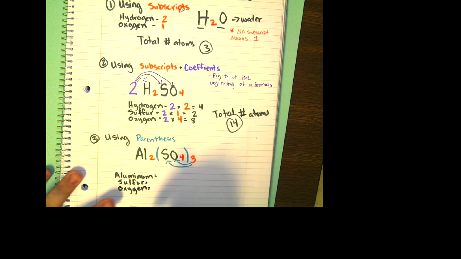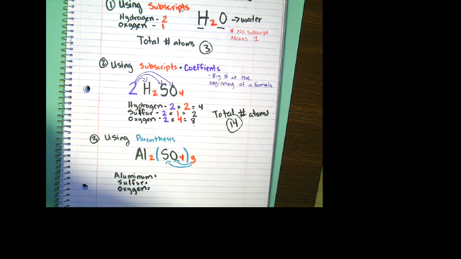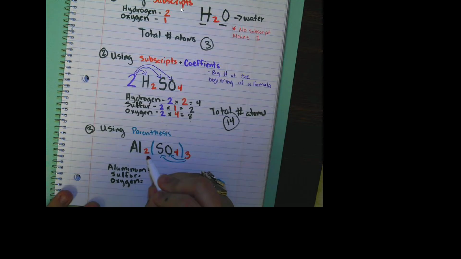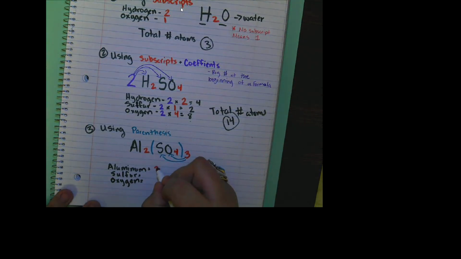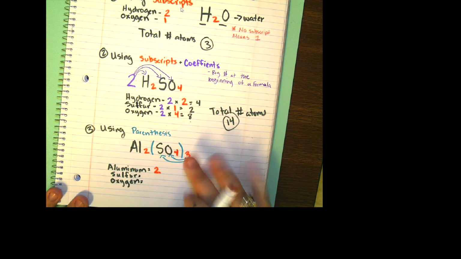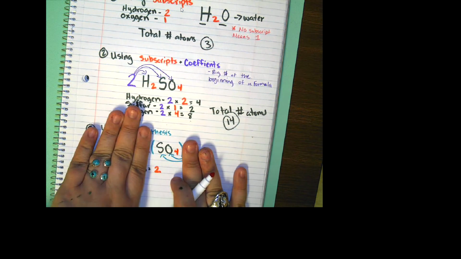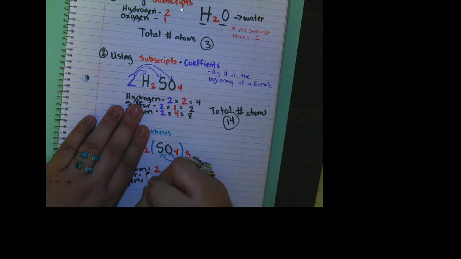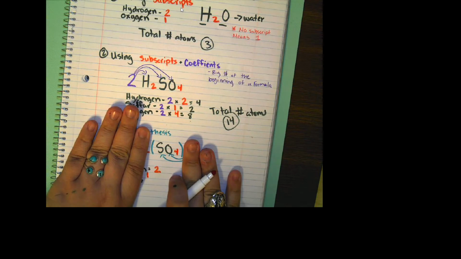All right, so aluminum, I have 2 of those. And then I'm going to look at this part inside the parentheses without the subscript behind it. So for sulfur, I start off with 1. And then for oxygen, I have 4.